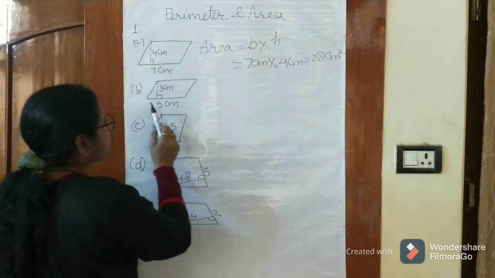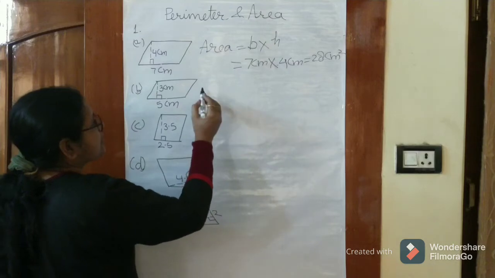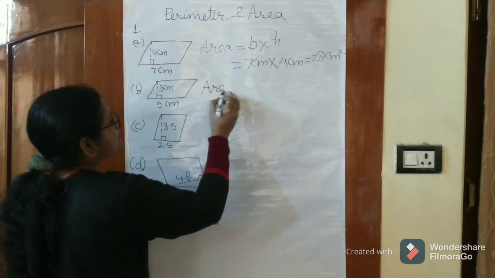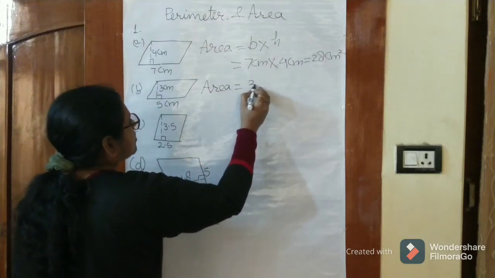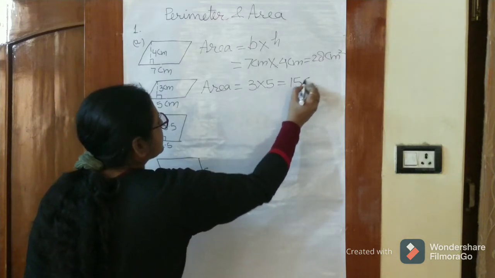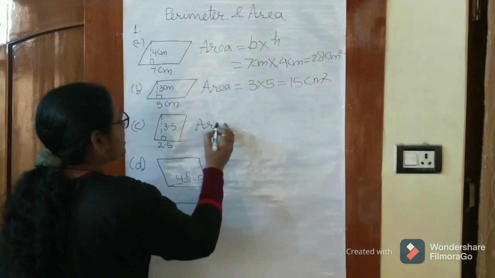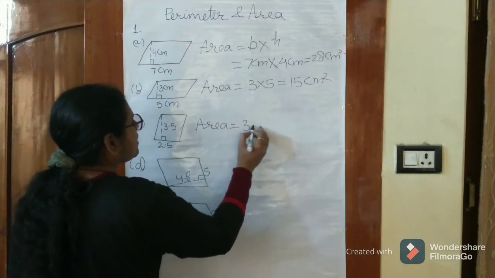Similarly, in the second figure, 5 cm is the base and 3 cm is the height. So the area will be 3 into 5, that is 15 cm square. Similarly, you can find the area of each and every figure.